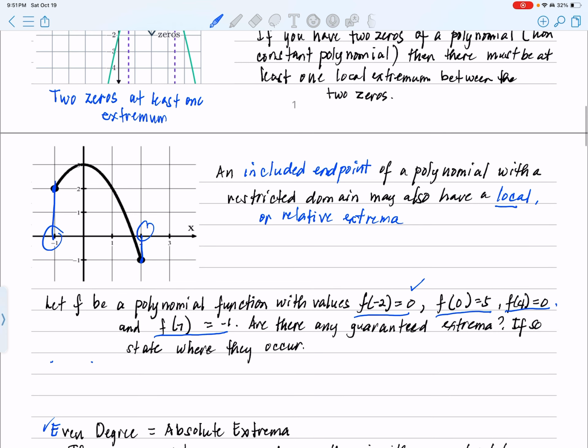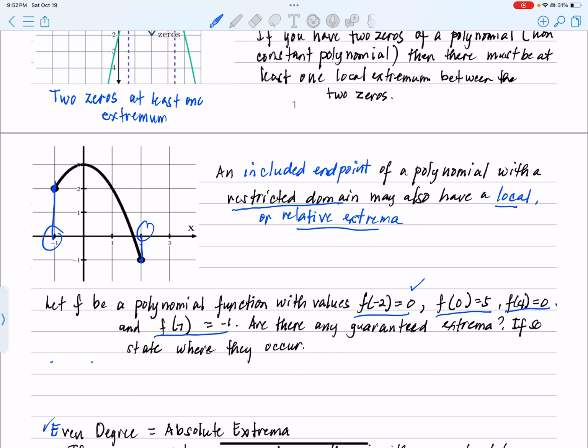An included endpoint of a polynomial with a restricted domain, because it has an endpoint, you don't have an arrow that extends through to infinity, but it stops at -1 and 2, may also have a local or relative extrema.